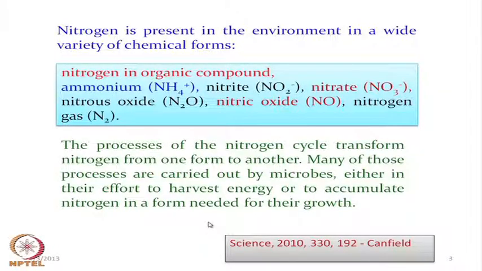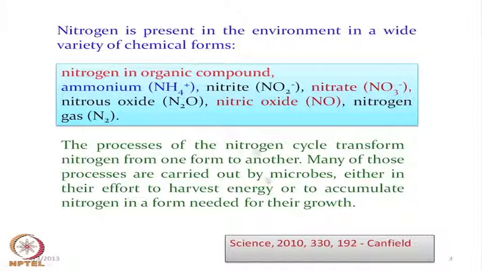So, within this nitrogen cycle we transform nitrogen from one form to the other. That is the basic idea behind knowing this particular nitrogen cycle, how we convert one form to the other.